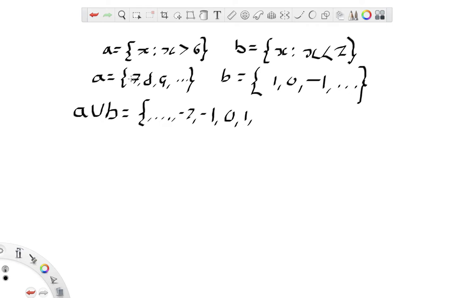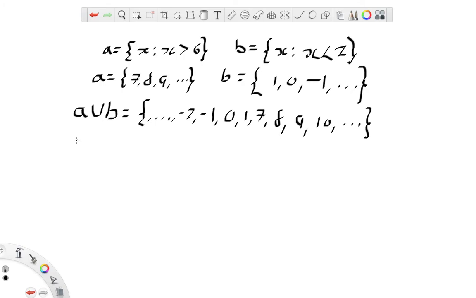Well, those numbers don't appear in A or B, so no. So the next number that we can have is 7, 8, 9, 10, and then dot, dot, dot. So essentially, that set is all the numbers, but without 2, 3, 4, 5, and 6. So 2, 3, 4, 5, and 6 aren't in that set.